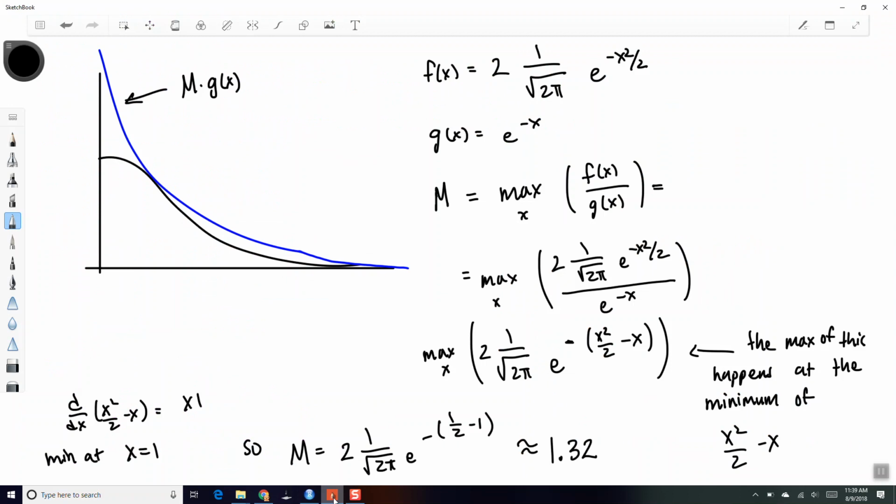One of the things we have to do is modify your proposal distribution by some constant m so that the proposal distribution is always taller than your target PDF. And if it is, then you're good. Then you propose values from the proposal distribution, and you accept them according to the acceptance ratio.